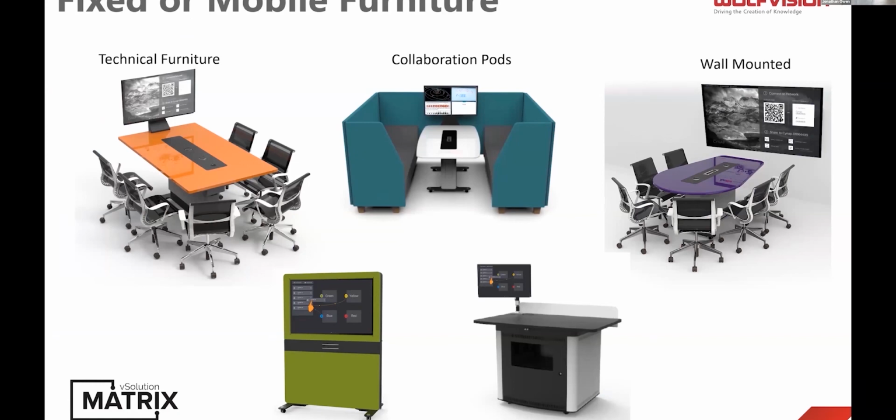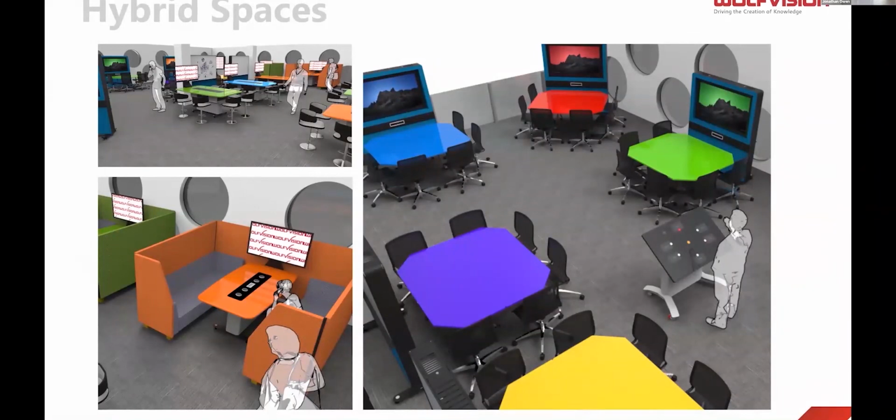So in this example, we've got the lecturer here in the middle with a mobile touchscreen connected to the main sign-up. The professor is pushing content out to each of the workstations. And in this case, there are removable tables with mobile screens and a mixture of collaborative pods.